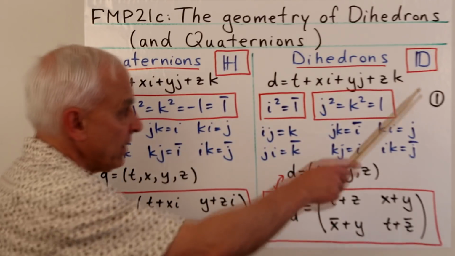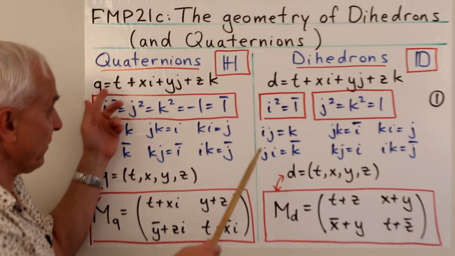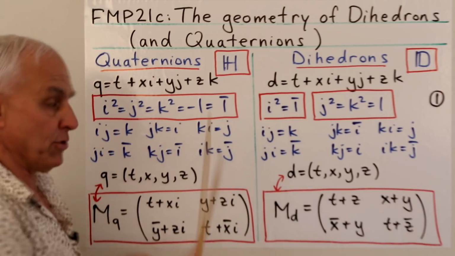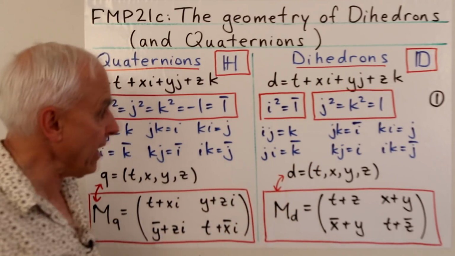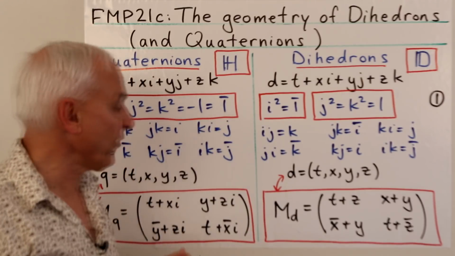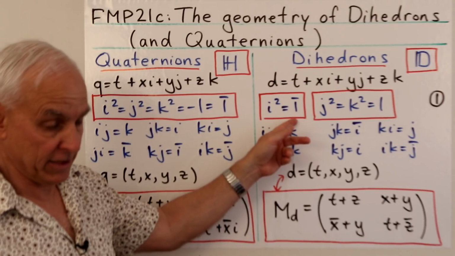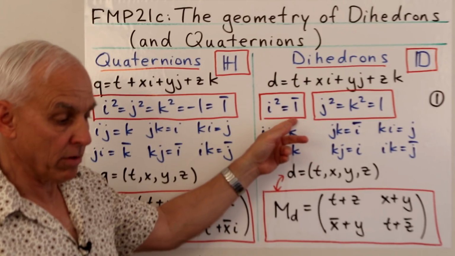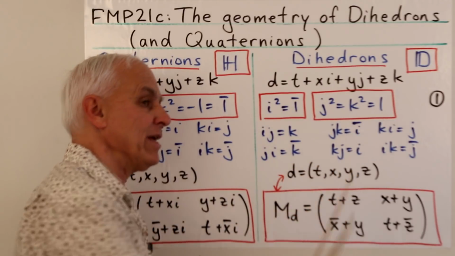So dihedrons, we're giving them the notation D. A dihedron, on the face of it, looks just like a quaternion: D equals t plus xi plus yj plus zk. And now i, j, and k are new symbols that have the property that i squared is equal to -1 or 1 bar, but j squared and k squared are crucially equal to 1.